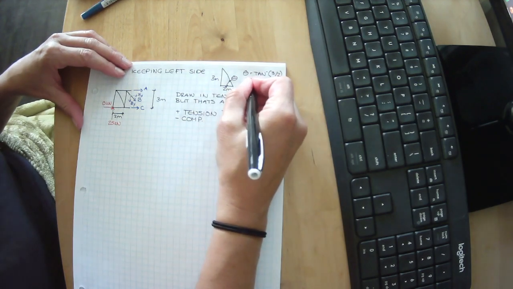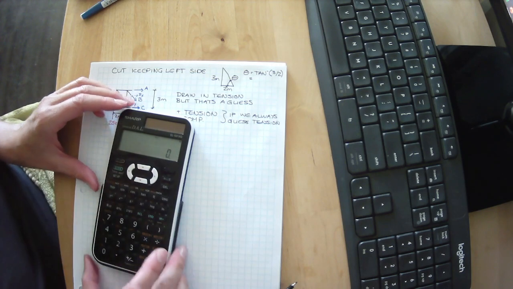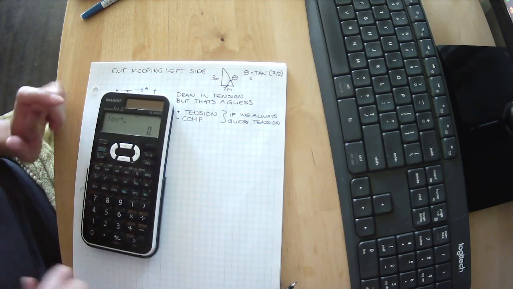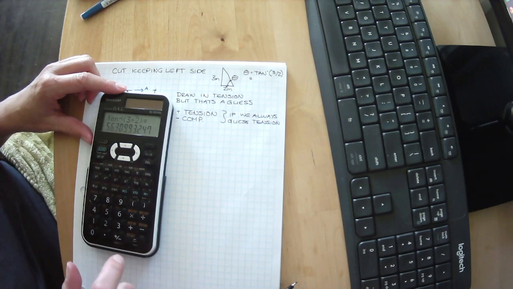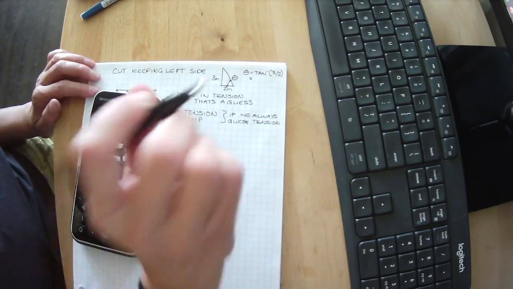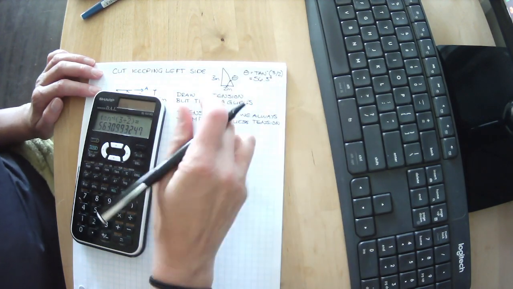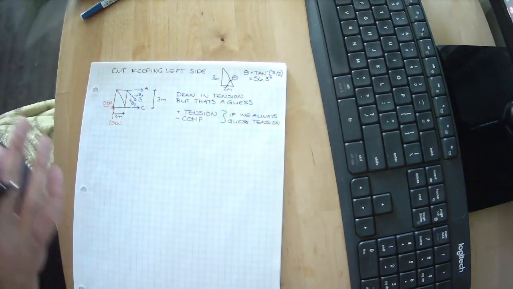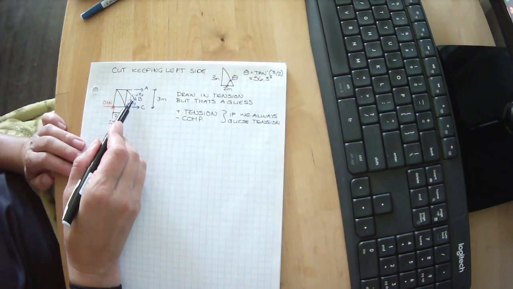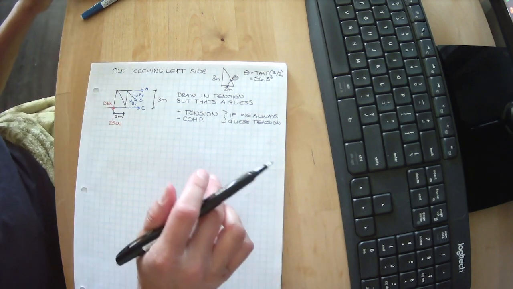So we can solve for our angle. Let's make sure I'm in degrees. I am. Use my second function, tangent, 3 divided by 2. I get that my angle is 56.3 degrees for anything along this line away from the x-axis. So it looks like I now know what this angle is for force B relative to the x-axis.